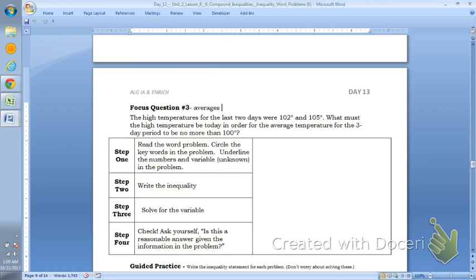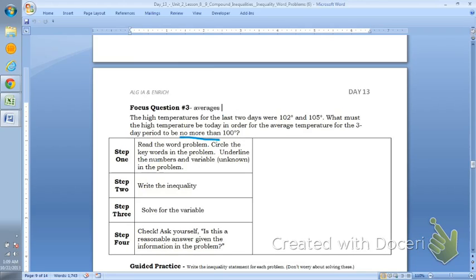Another type of at least problem is our averages. So here they have high temperature for the last 2 days were 102 and 105 degrees. What must the high temperature be today in order for the average temperature for all 3-day periods to be no more than 100 degrees? So no more than, now this time they're using no more than.